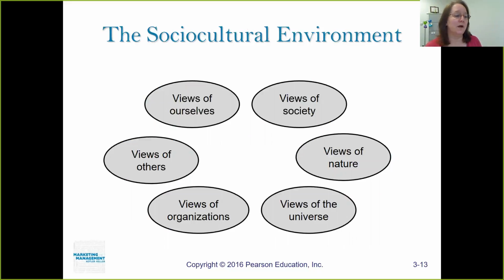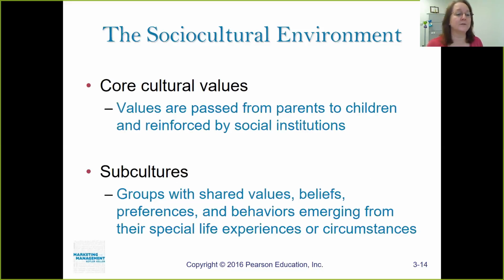Social cultural environment, we look at the views of society, the views that society has of nature, of the universe, how we view organizations, how we view others, and how we view ourselves.